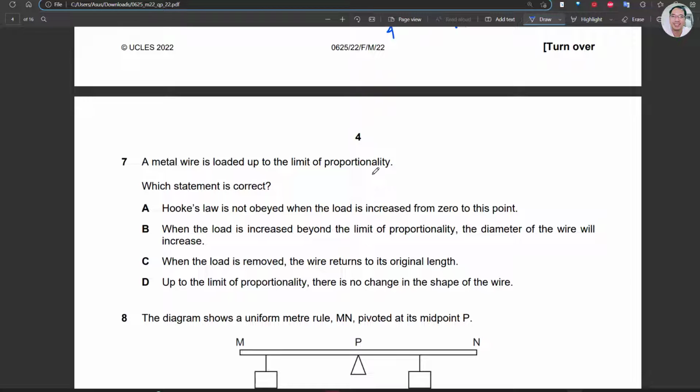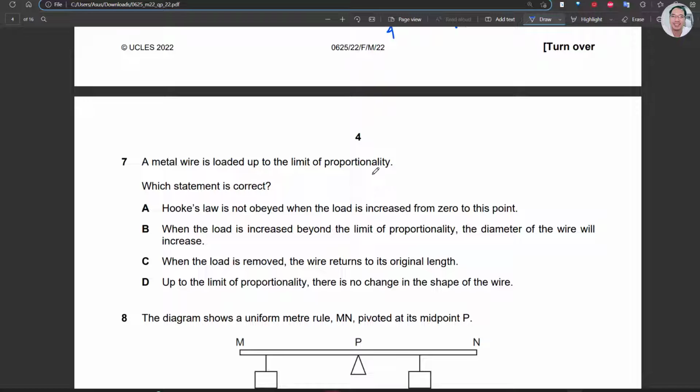I think it's D. Up to the limit of proportionality, there is no change in the shape of the Y. No change? The limit of proportionality: over this limit, the object cannot restore the initial shape and size. Okay, Hooke's law is not obeyed when the load is increased from 0 to this point.